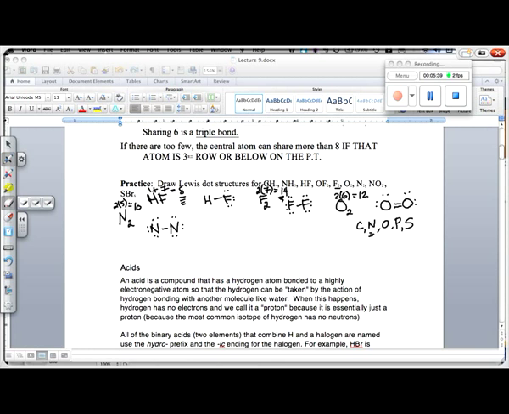So I'm going to erase at least one set of lone pairs, put another dash in, and like oxygen, I now have 12, 2, 4, 6, 8, 10, 12. I can't have 12, I can only have 10 with these 2 atoms. So I am going to take 2 more lone pairs away, one from each, and do a triple bond.